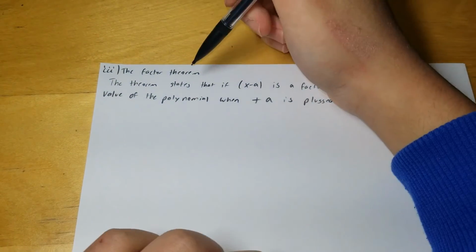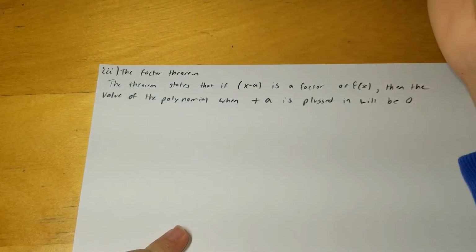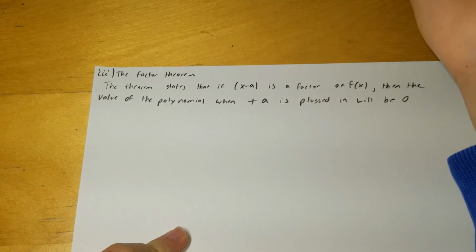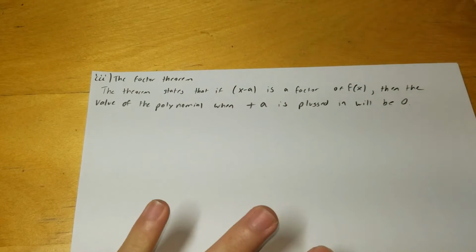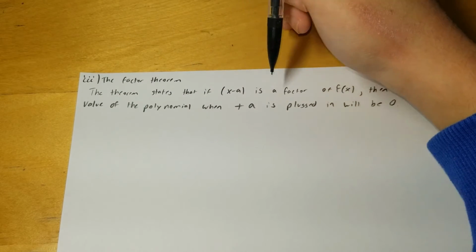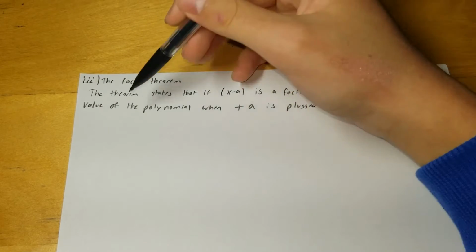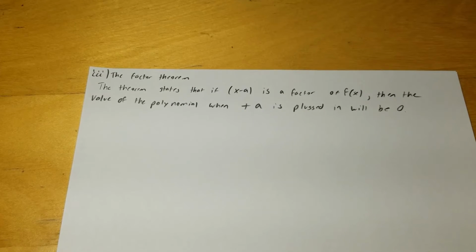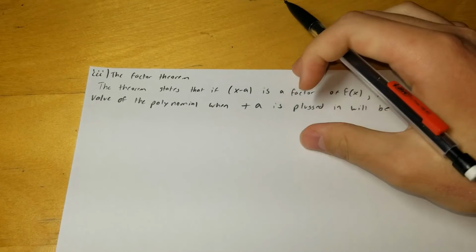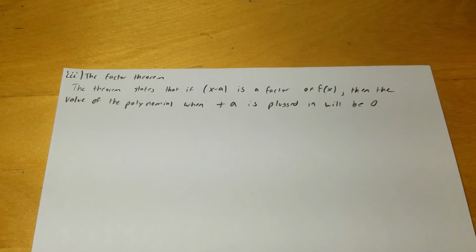Likewise, the factor theorem. It's basically like a little continuation of the remainder theorem. The theorem states that if x minus a is a factor of f(x), then the value of the polynomial when positive a is plugged in would be 0. I'm not sure if you get it or not.